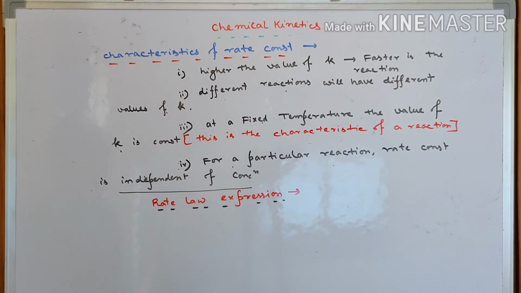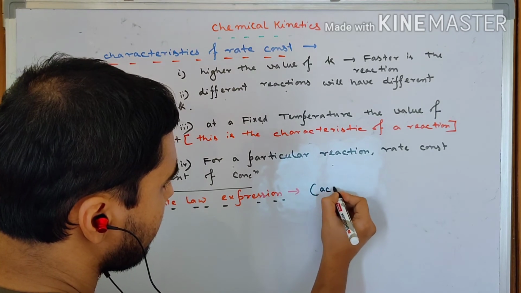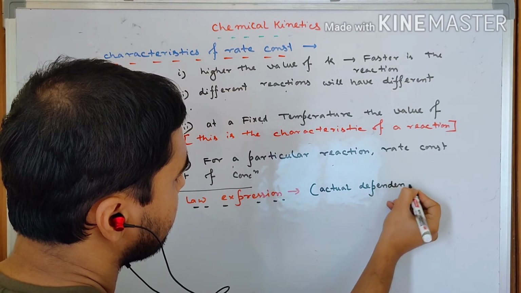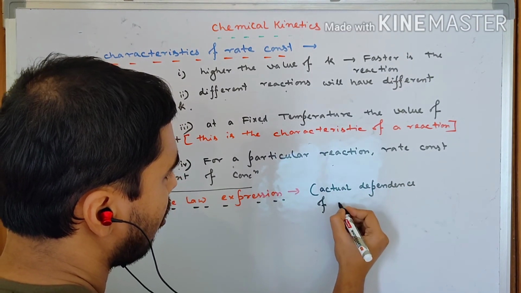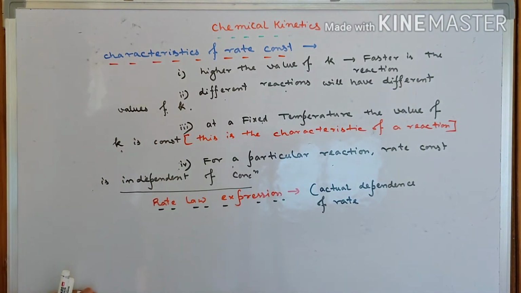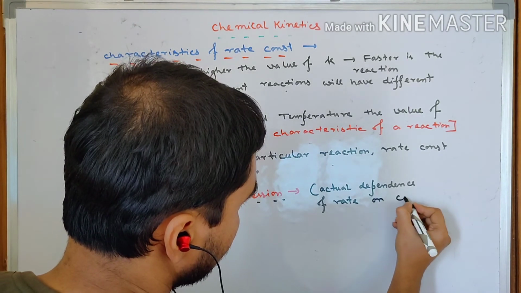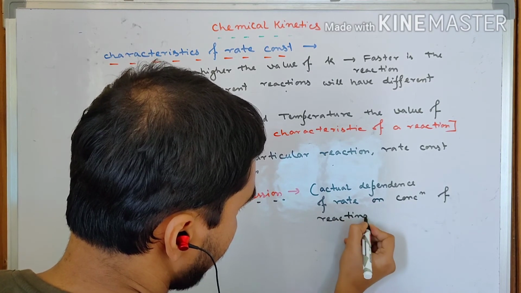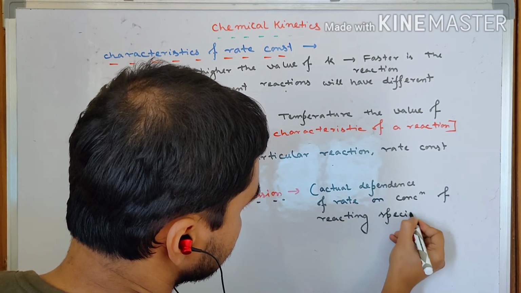The actual dependence of concentration of the reaction species is the rate law expression. So we can say it is the actual dependence of rate on concentration of reacting species.